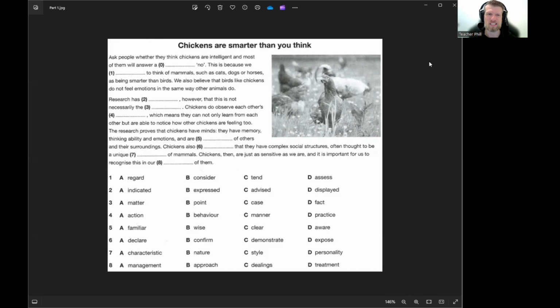You can already see part 1 on your screen, where it says chickens are smarter than you think. So the title already gives us an idea about the topic. And as you know, my recommendation for this kind of task is always to read the text very quickly, just to get a general idea and perhaps to already see what kind of vocabulary we might need to use here.